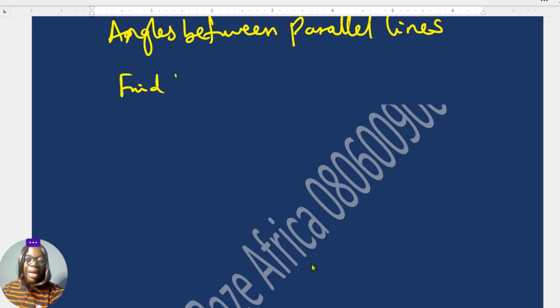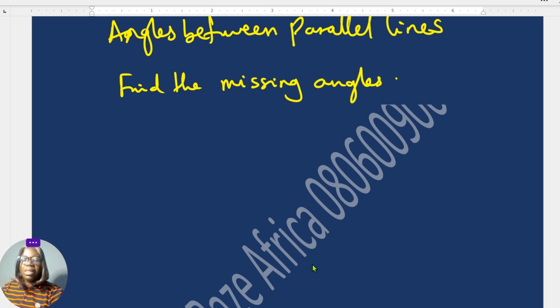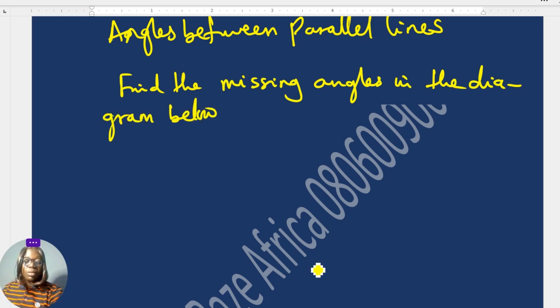If we are to find the missing angles in the diagrams below. Now look at this first one.